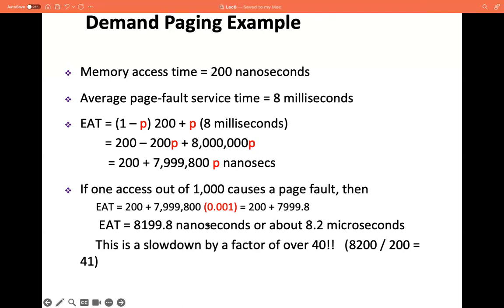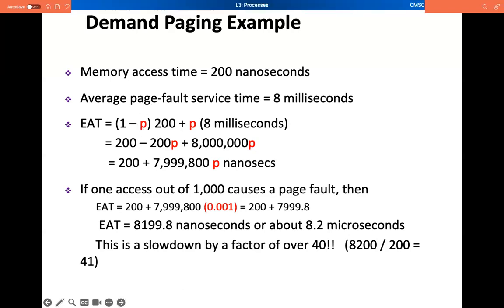So this is a slowdown by a factor of over 40. How did we compute that? Our memory access time without the page fault, where P is 0, would be only 200. Our effective access time will only be 200 nanoseconds if we don't have any page fault.